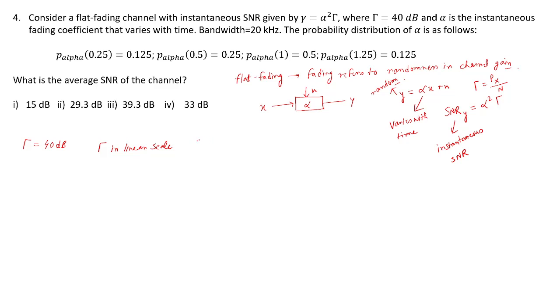We have already seen it is 10 log base 10 capital gamma is equal to 40. From here we get gamma to be 10 to the power 4, correct? So it comes out to be 10 to the power 4. Since this is SNR, it is a dimensionless quantity. Anyway, our bandwidth we have chosen to be 20 kilohertz.